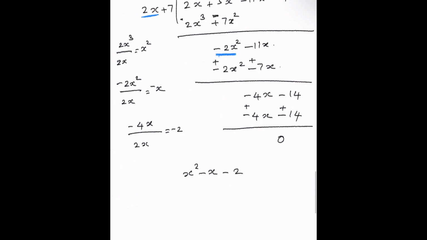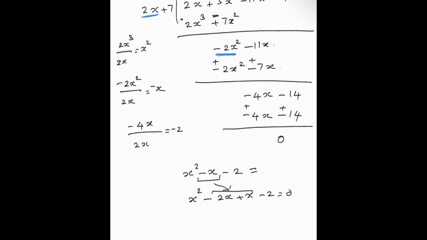Can I write this? I have to split this now. Split this means factorize x square minus x minus 2. Very clearly, splitting the middle term, we can understand that it is x square minus 2x plus x minus 2 equal to 0, right? This minus x term, I can split like this.